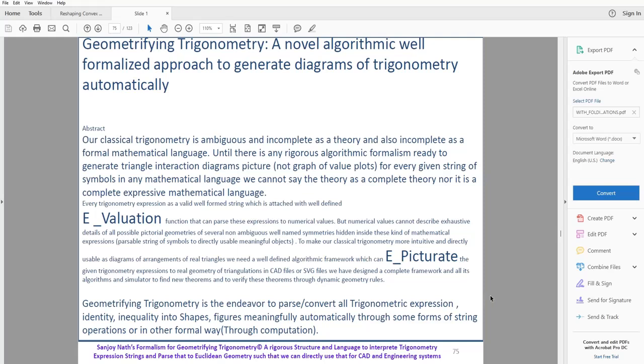Geometrifying trigonometry is the endeavor to parse or convert all trigonometry expressions, which are abstract, into concrete objects, identities and inequalities into shapes and figures, meaningfully and automatically, through some forms of string operations. String operations is a term used when the first parsers and compilers were designed, when regular expressions, regular languages and context-free grammars were designed.